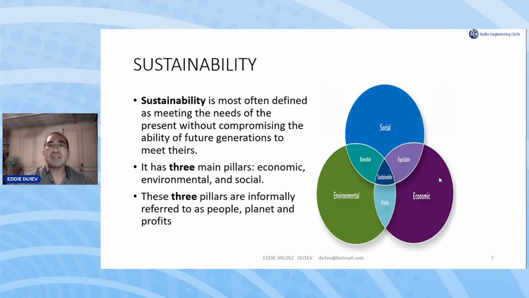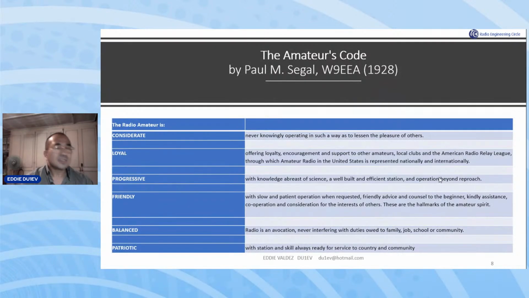And how do we behave as amateurs? How do we treat newcomers to the hobby? Do we welcome them with open arms? Okay. So, in a nutshell, this is what ethics and sustainability would be.